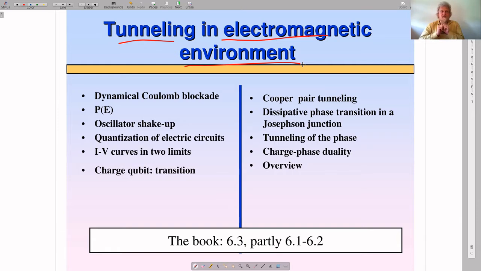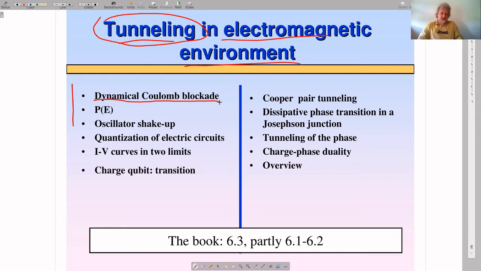I am able to do this only for electron tunneling. And the phenomenon which I reveal is called Dynamical Coulomb blockade.